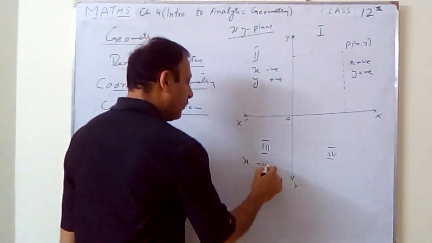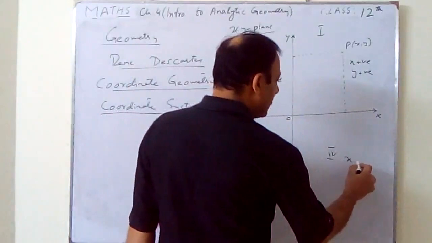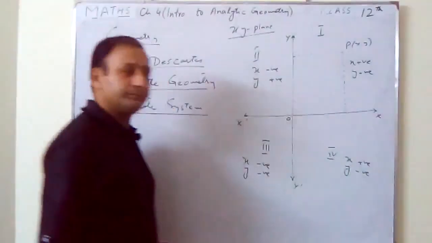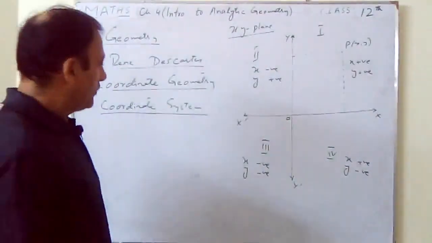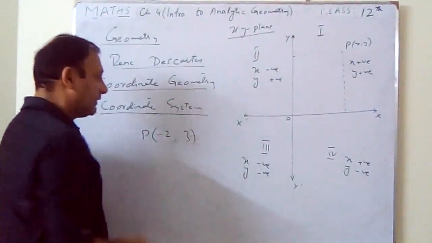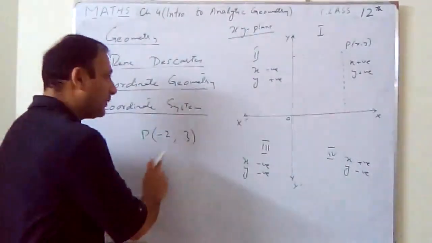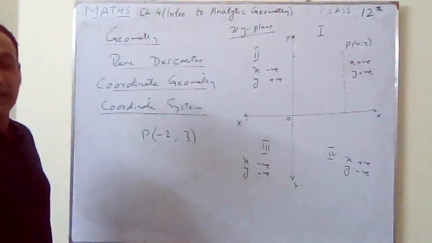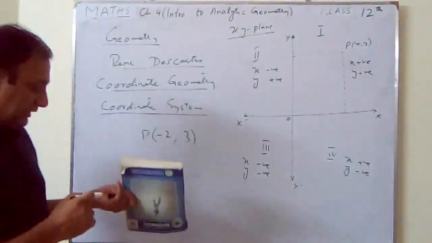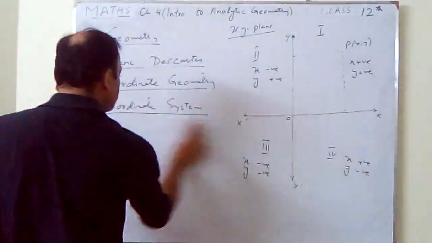In the third, both are negative, and in the fourth, x is positive, y is negative. So if any point is given, for example the point (-2, 3), in which quadrant is this point lying? x is negative, y is positive, so it is in the second quadrant. So this is one thing about the coordinate system.